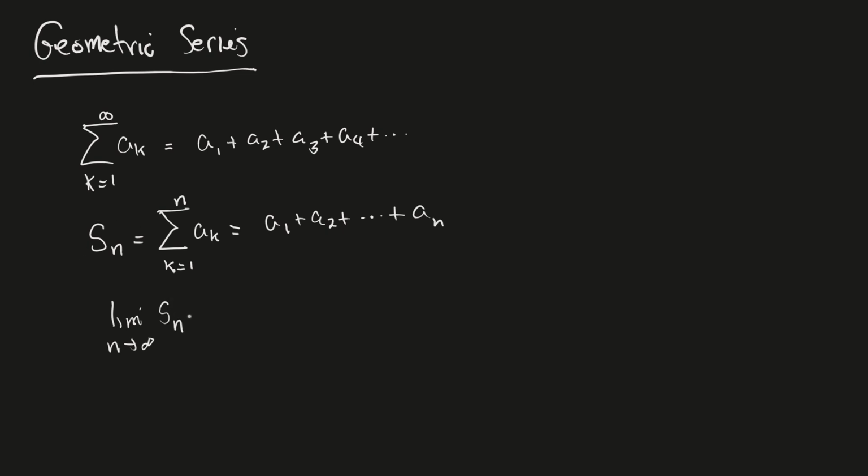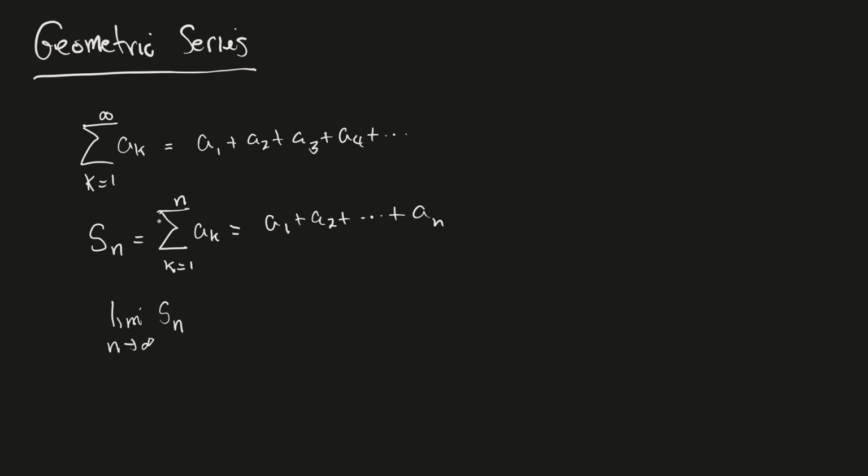If the limit exists, then we say that our series converges to whatever number that limiting value is. And if this limit does not exist, then we say our series diverges.